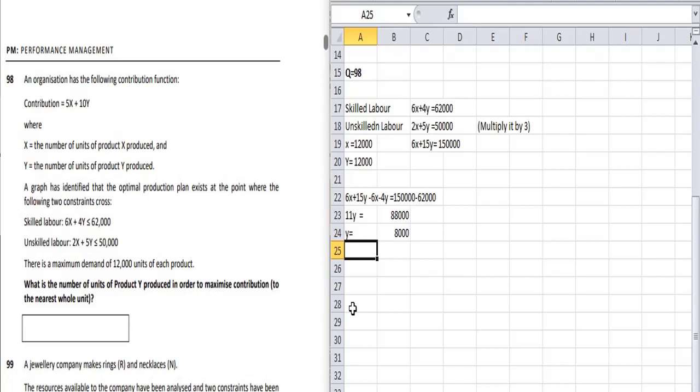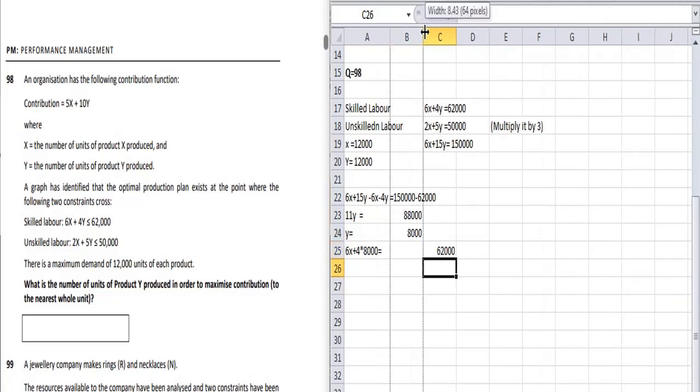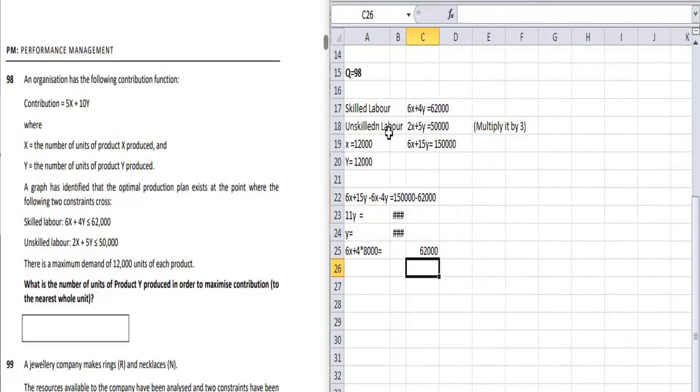And what's the value of x? If you put y equal to 8,000 in any of the first two equations, you can get the value of x. So I will put it in the first equation, the skilled labor one. So 6x plus 4 into the y value, 8,000, equal to 62,000.